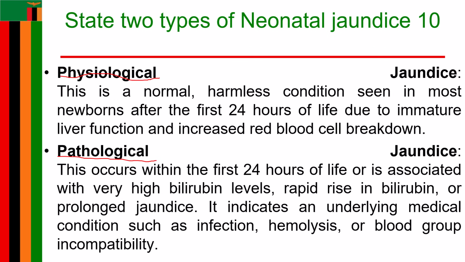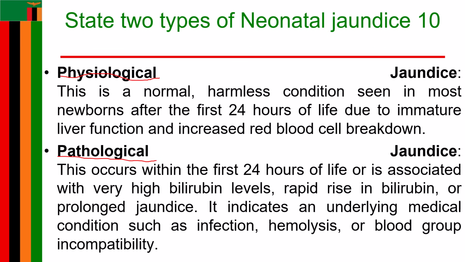And this one indicates an underlying medical condition, which could be infections, hemolysis, or blood group incompatibility. So when we talk of pathological jaundice, it will occur very fast, within the shortest period of time, within the first 24 hours of life. And this only indicates that there is a problem that has caused this jaundice.